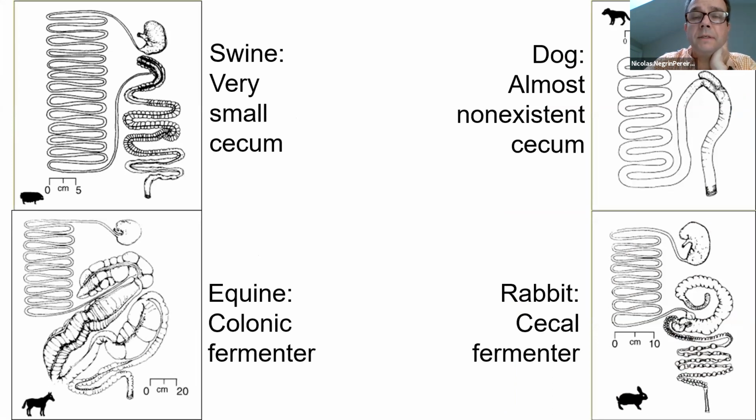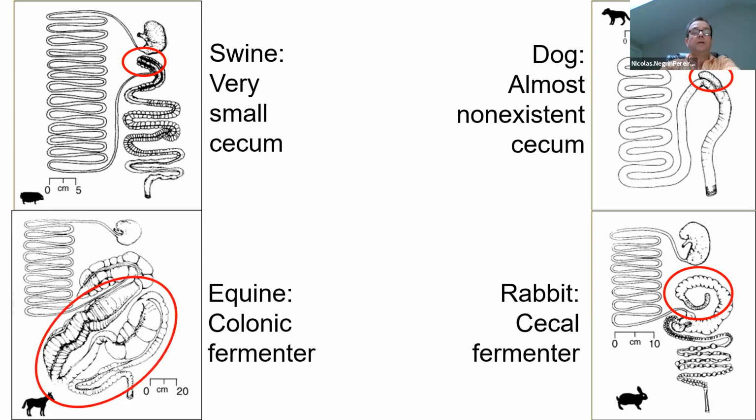Here we have different diagrams showing the cecum size according to the different species. In the case of swine, we see that it is a very small cecum. In the case of a dog, it's almost non-existent. Then in the rabbit, much bigger because it's a cecal fermenter, as we saw. And finally, the equine, a huge colon and also quite a big cecum because they are, of course, colonic fermenters.